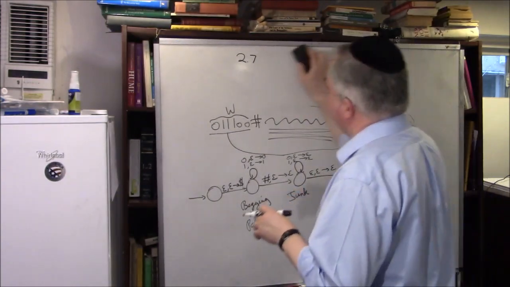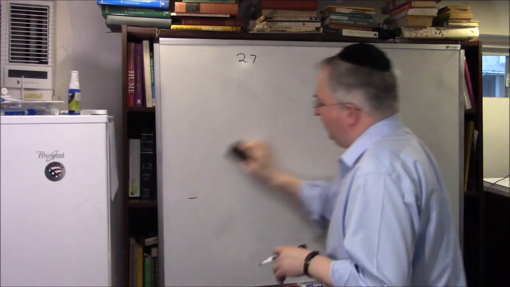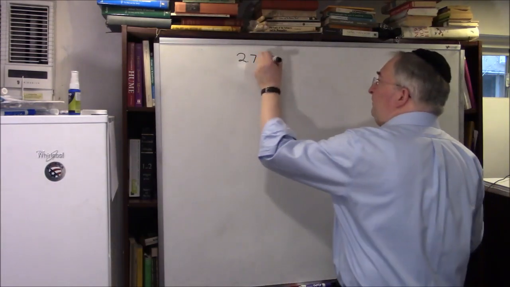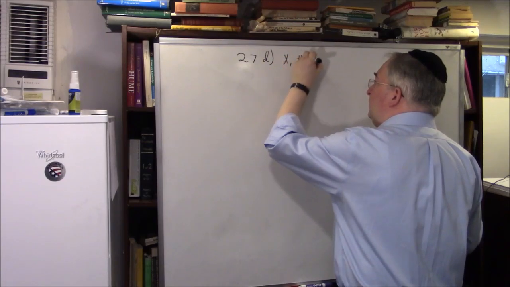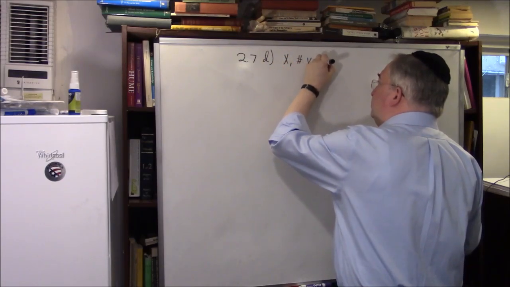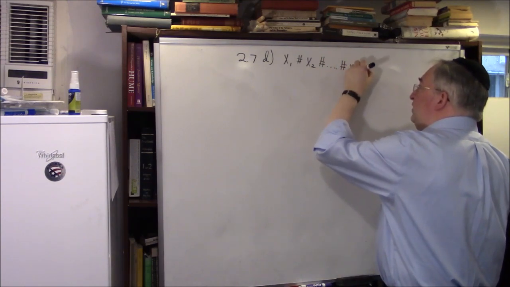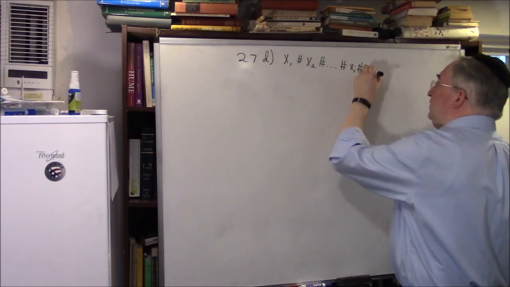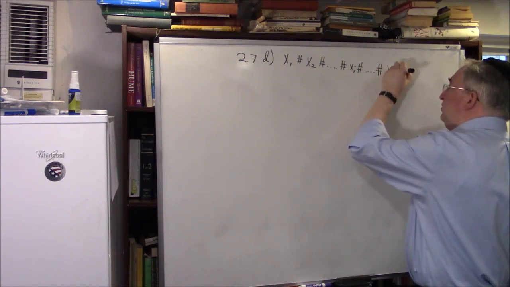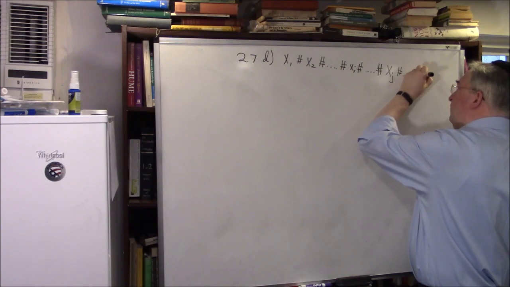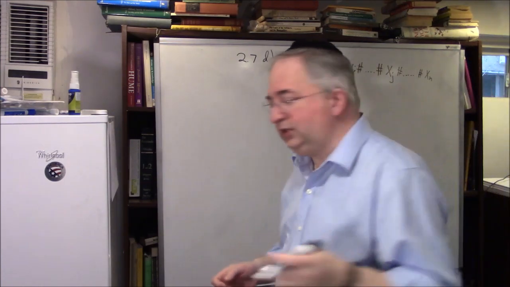Now, 2.7D is a lot like this. Okay, it's basically x1, number sign, x2, number sign, xi, number sign, xj, number sign, xn. You've got a bunch of strings.